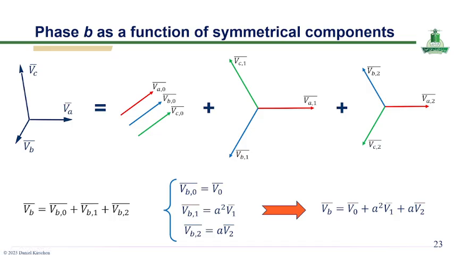For the negative sequence component, the phase rotation is reversed, resulting in VB2 is equal to AV2. Combining all of these three equations, we can obtain the compact expression VB is equal to V0 plus A2V1 plus AV2.